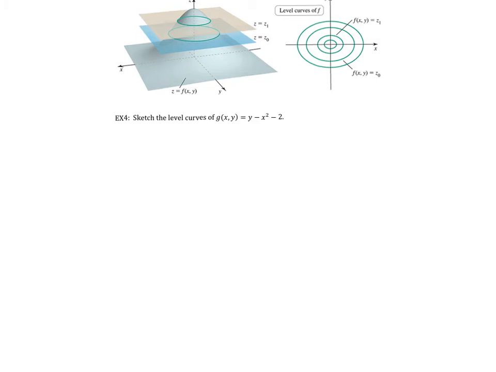So the first thing I'm going to do is replace this function g with my z value and write z equal to y minus x squared minus 2. And then I'm going to replace my z values with numbers that are in the range of z. It might be easier if I just make a table.